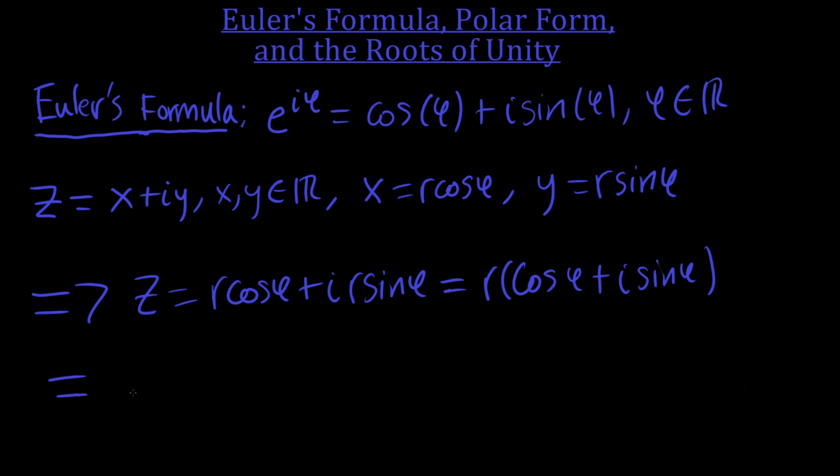And that equals r e to the i phi. And this is what's known as the polar form of a complex number. The polar form is essentially a way of writing a complex number in terms of its modulus and its argument rather than its real and its imaginary parts.